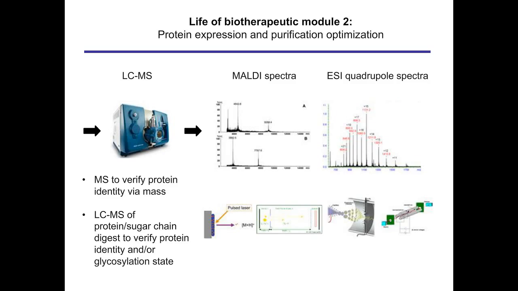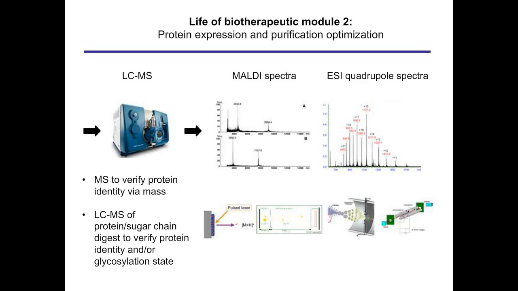In this case, the charge state of the proteins or peptides is related to the number of positively charged amino acids, such as arginine and lysine, and it's usually conducted under very low pH conditions so that all of the carboxylates are at that point neutral.